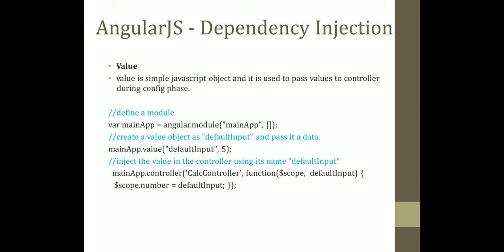Then the function has the $scope parameter, comma, defaultInput, that is the value object. Okay, and $scope.number is equal to defaultInput. So we have injected that value in the controller with the name defaultInput.